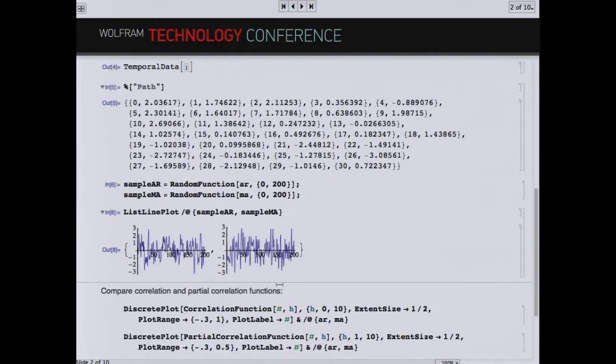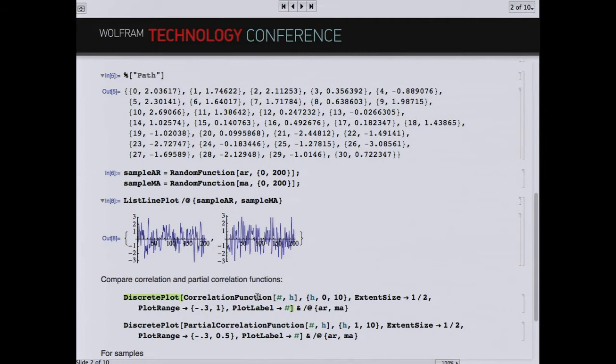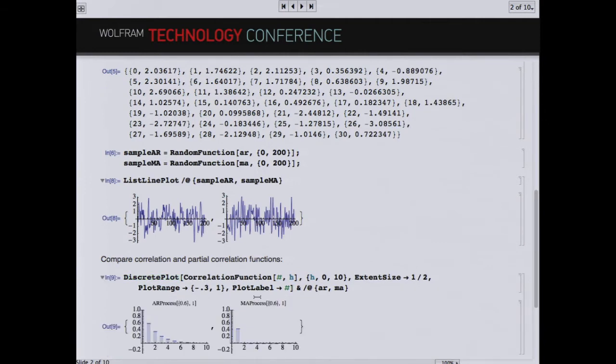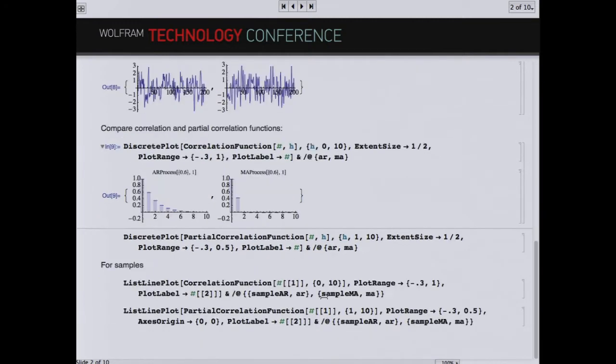So what we need is some kind of descriptive functions, and we have the correlation function on the process here, with h being the argument, which is the time difference. So I'm going to look at the time difference going back in time in that situation.